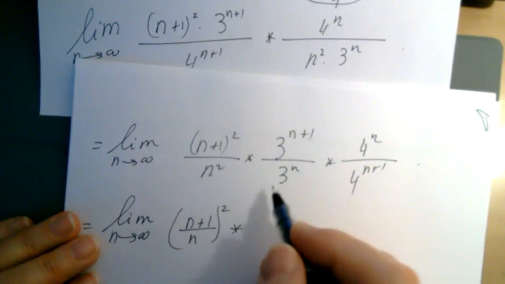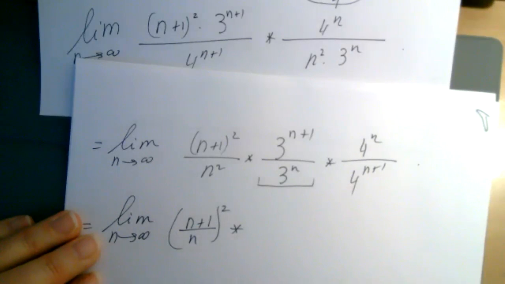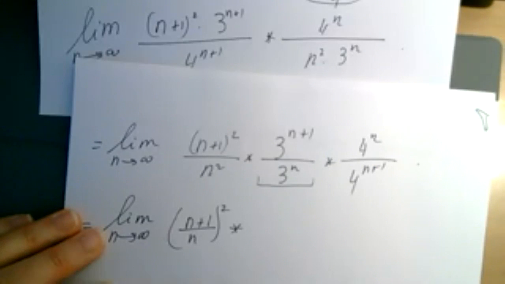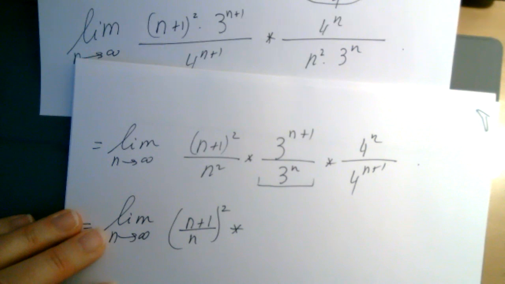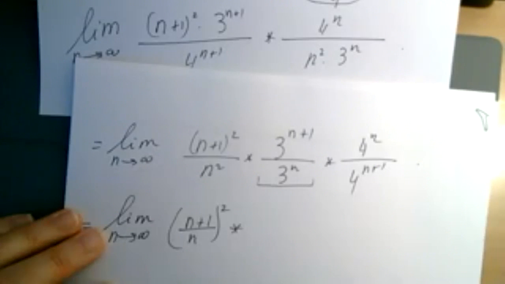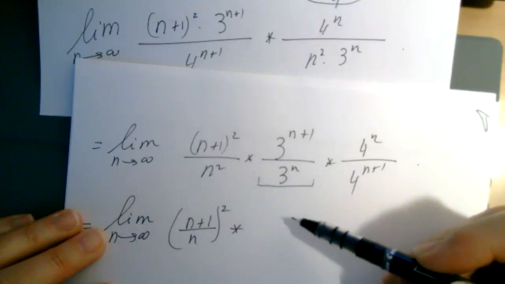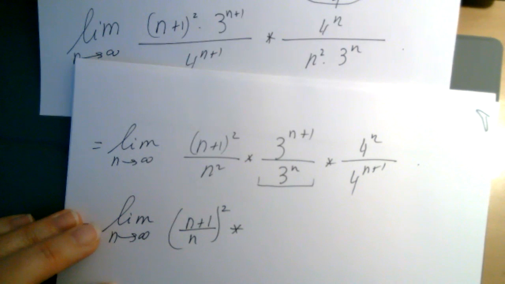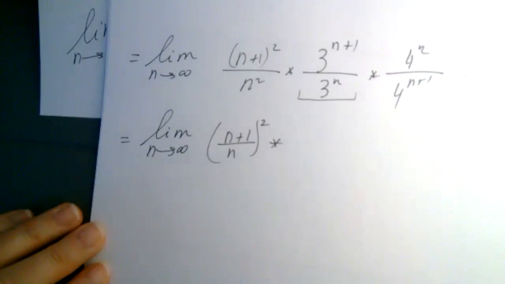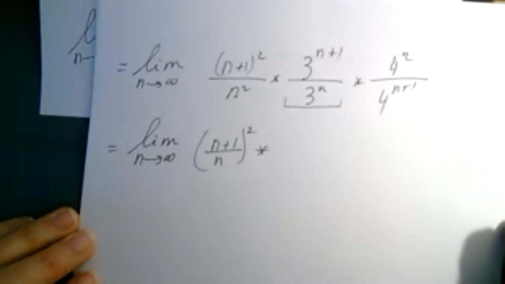Now, 3 to the n plus 1 over 3 to the n is equal to what? I want answers in the chat. Can anybody tell me? It should absolutely give me a 3. I'll do that on the side because you're going to be doing that a lot.